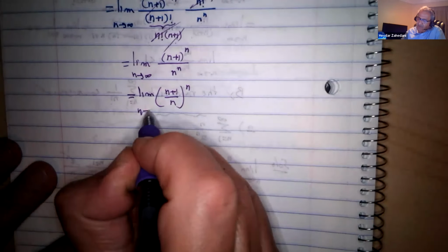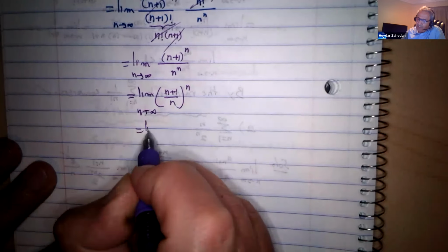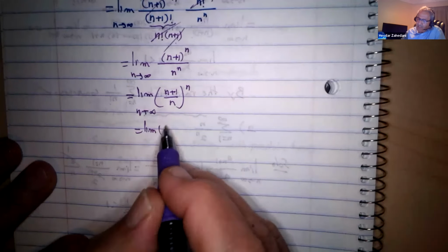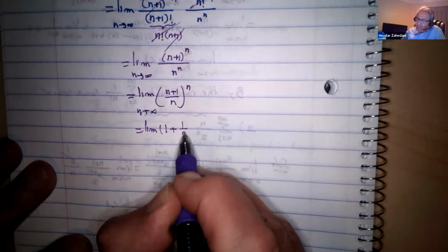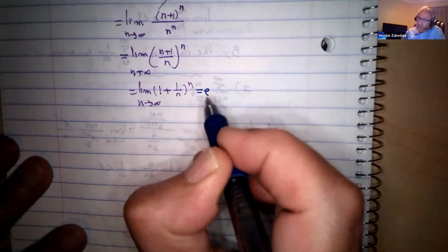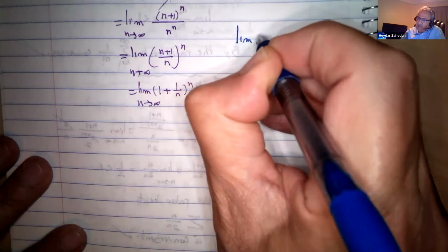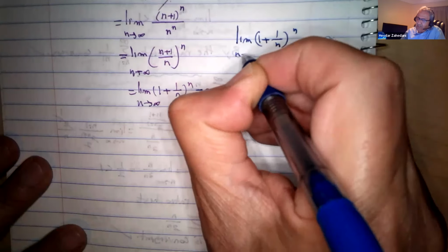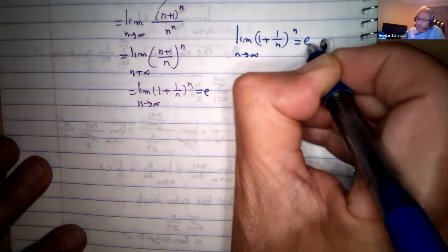If you break it into this form, and when n goes to infinity, if you break the inside, n divided by n gives you 1 plus 1 over n to the n as n goes to infinity. I told you that this is going to be equal to e. You have to make a note for yourself. You can use this one anytime you like in this course: this limit is equal to e.